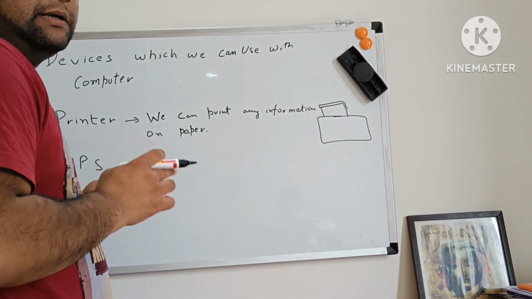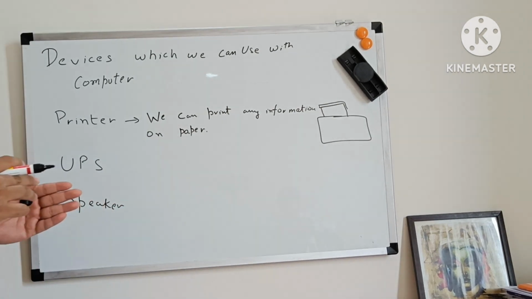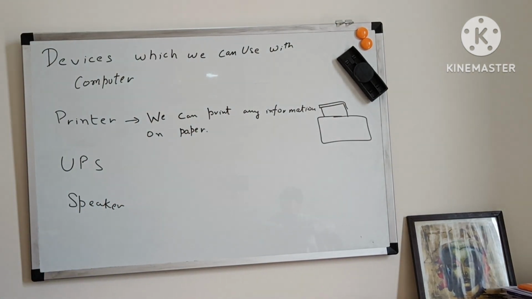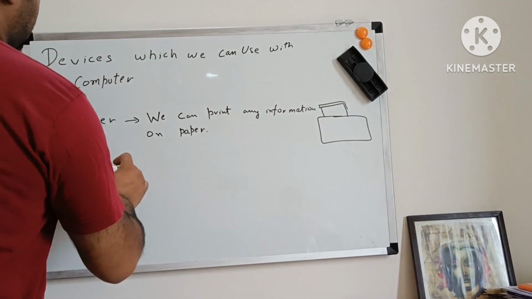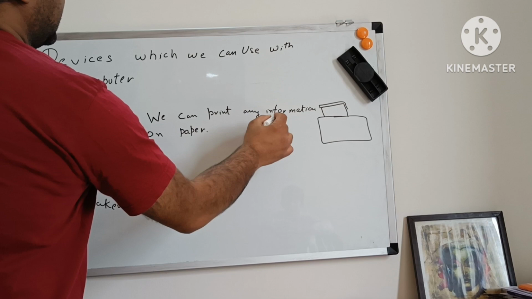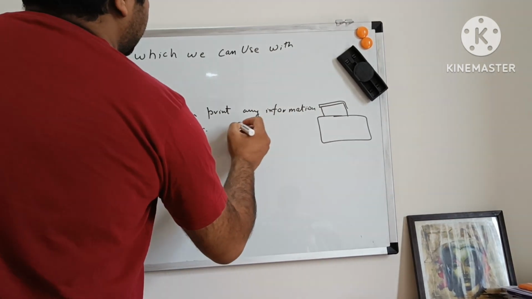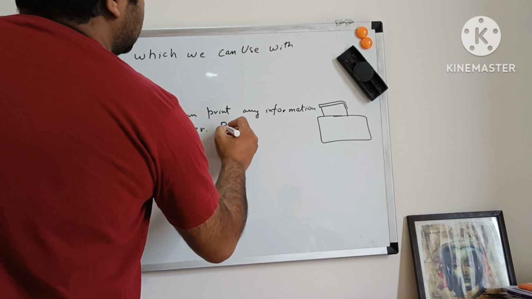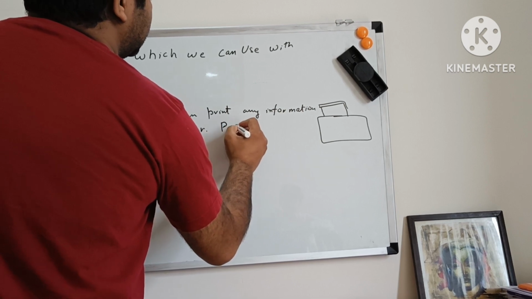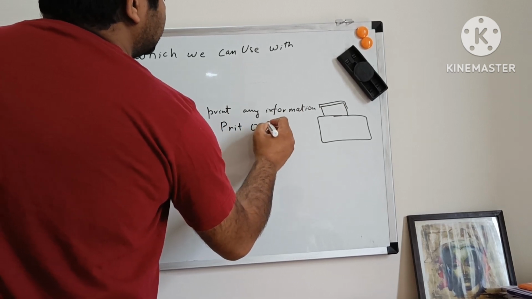We can give a print from mobile as well if we connect it with the printer. So a printer is used to print information on paper. The paper which gets printed is called a printout.